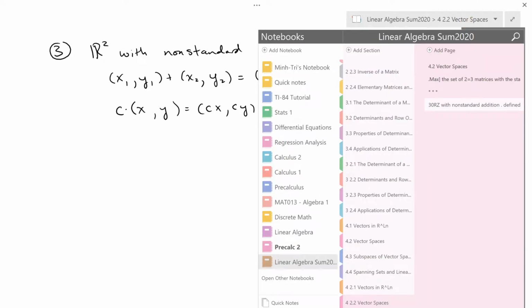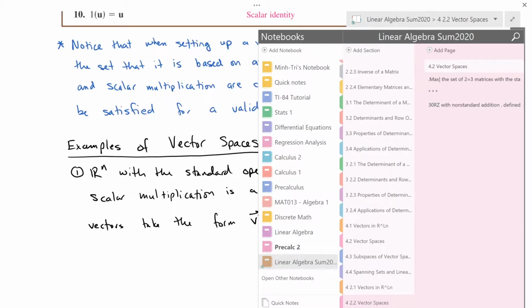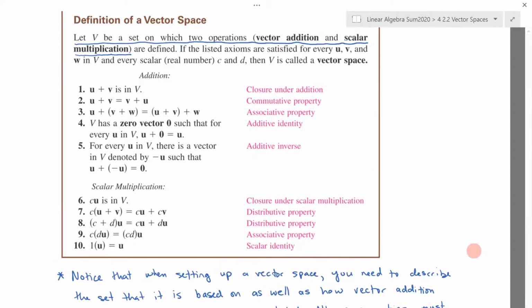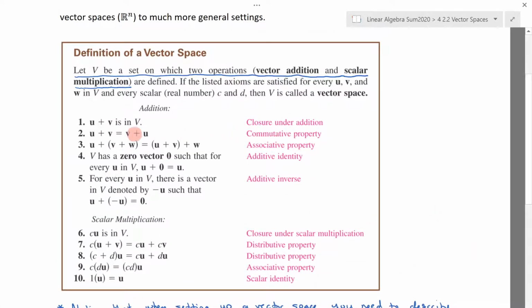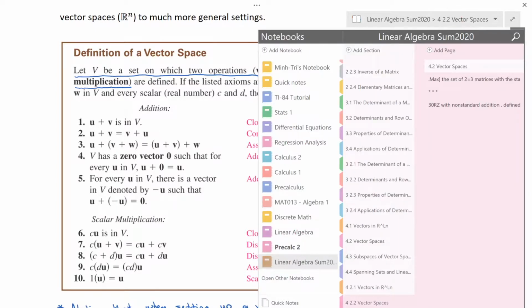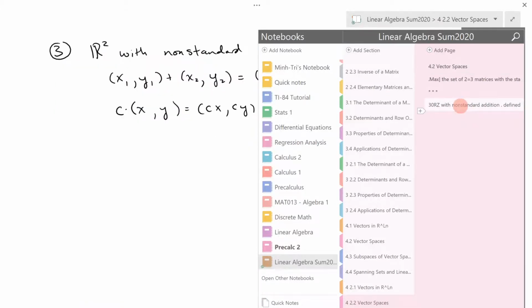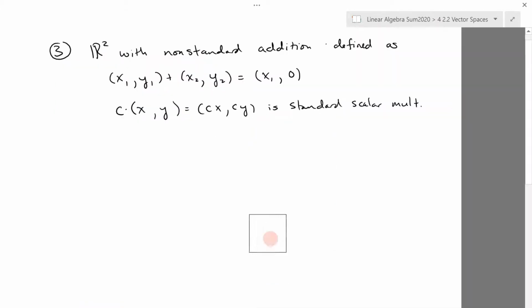Okay, so let's look at the commutative property. So we'll see that property 2 fails.